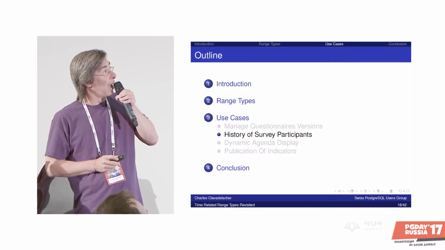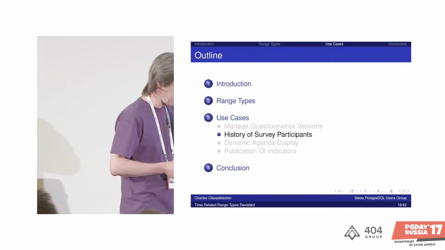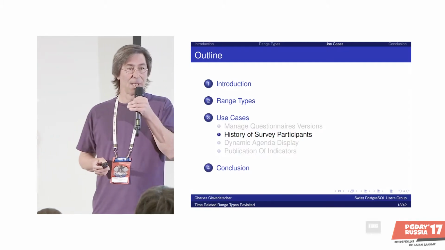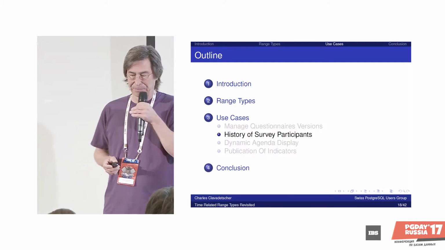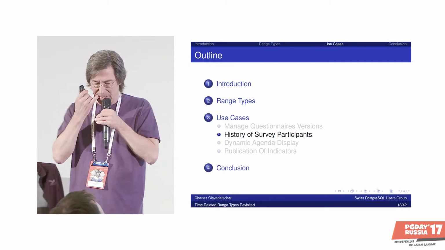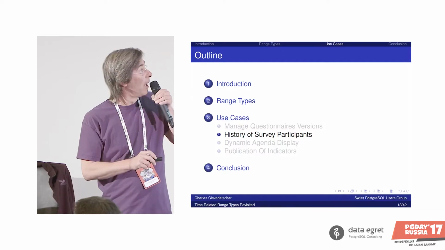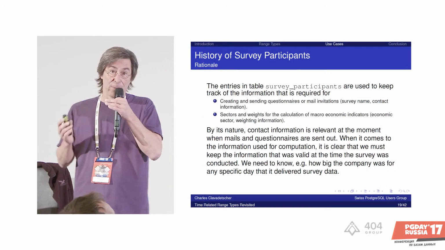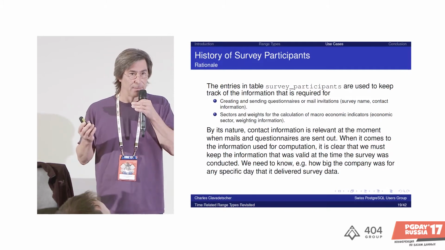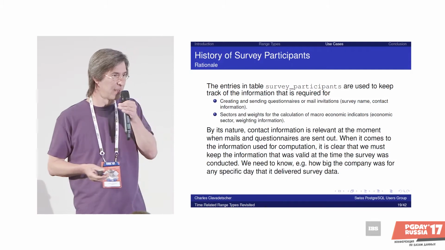Now, the next case, we have survey participants, which is obviously those companies that answer our questionnaires. Survey participants, we keep track of information from them. We need information in order to be able to contact them: addresses, mail addresses, names of people, this kind of stuff.